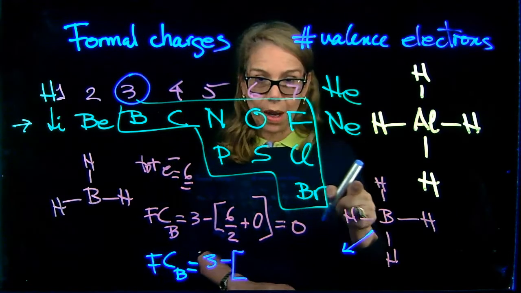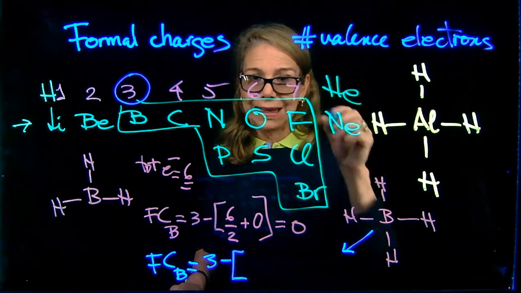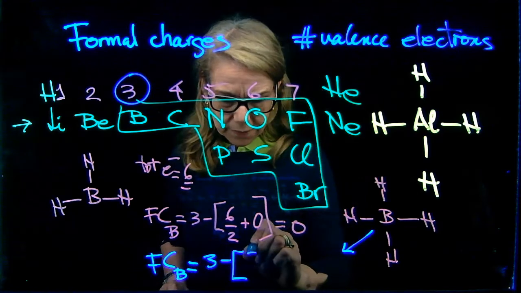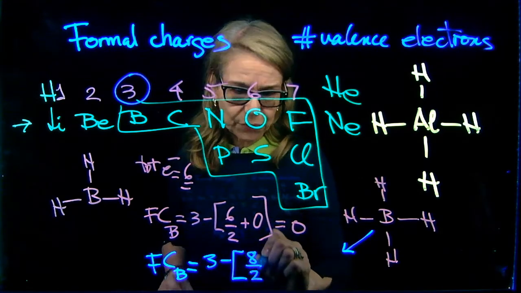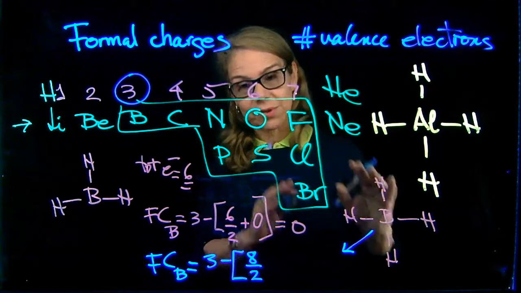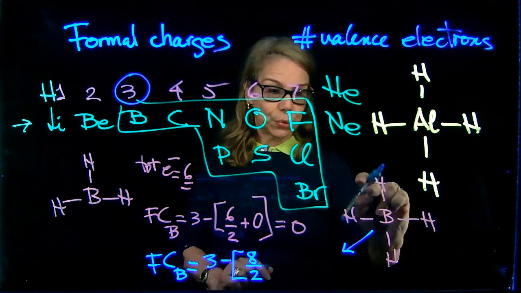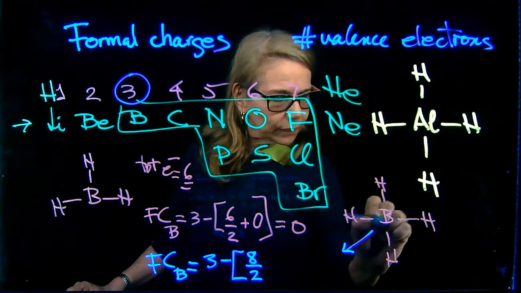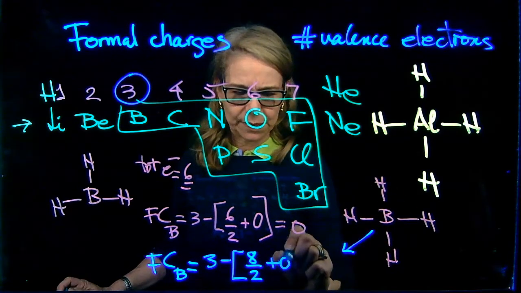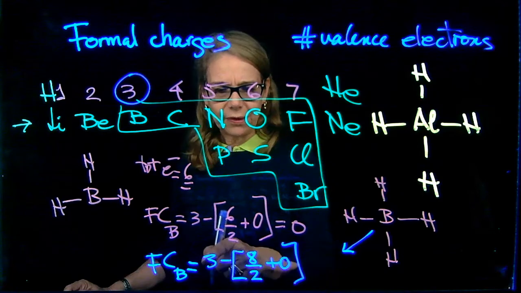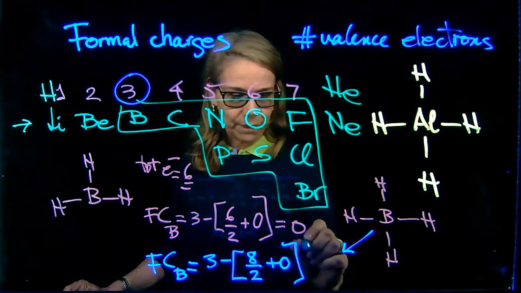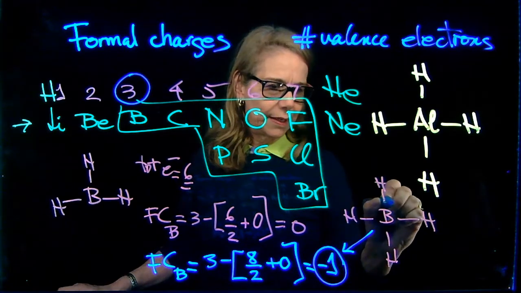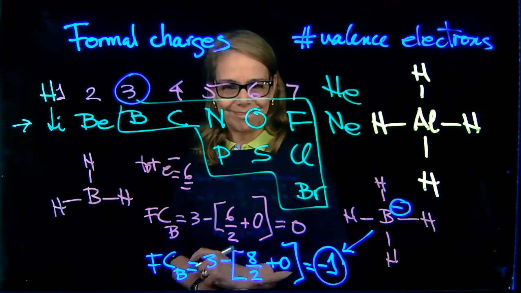Now, how many bonds do we have here? We have 4. Electrons in bonds are 2, 4, 6, 8. That is divided by 2. Again, we consider those electrons in bonds equally split between the 2 atoms. That's why we divide by 2. And we don't have lone pairs, so that will be 0. And that here is 3 minus 4. So the formal charge of boron here is negative 1.